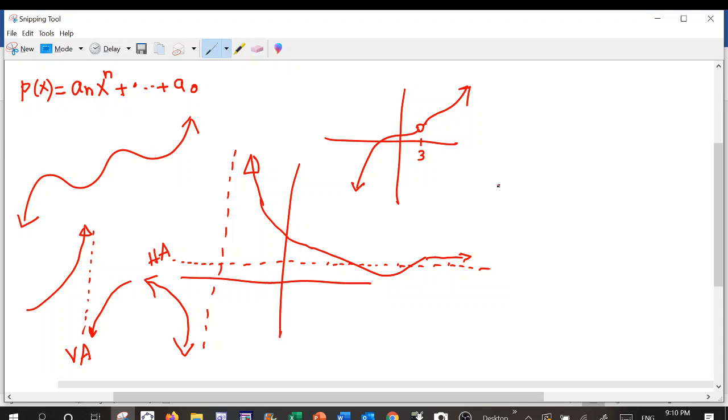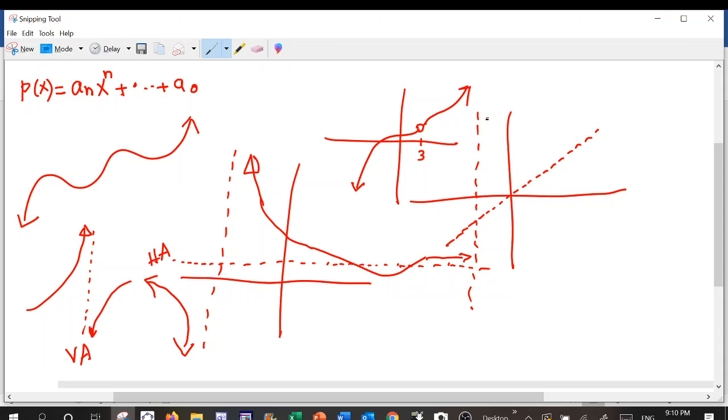All right, now you could also have lines that are slanted like that. So we might have a situation where the graph of a function has two of these mixed, one of these and one of these, and the graph maybe does something like this, right?